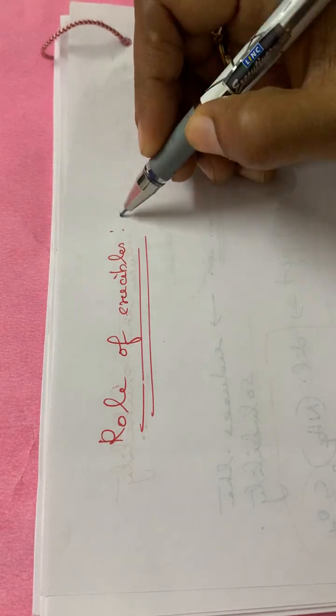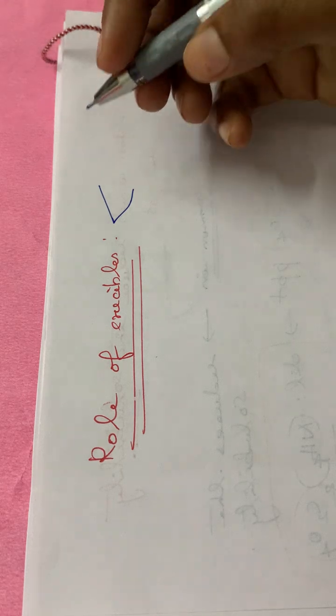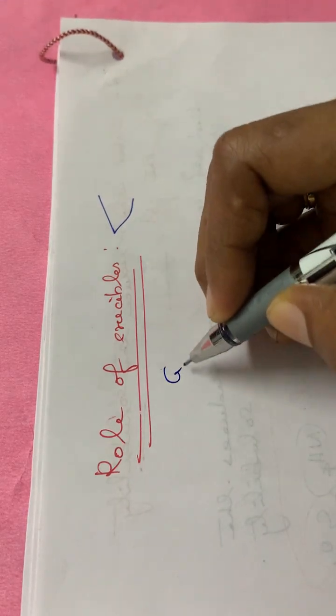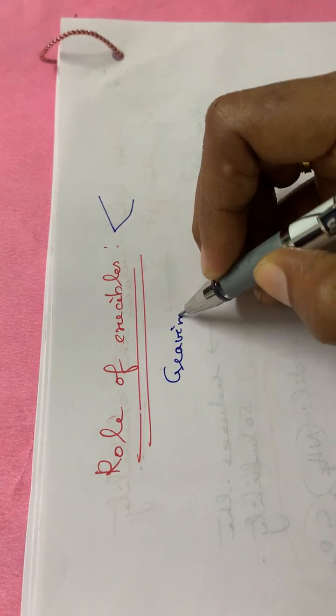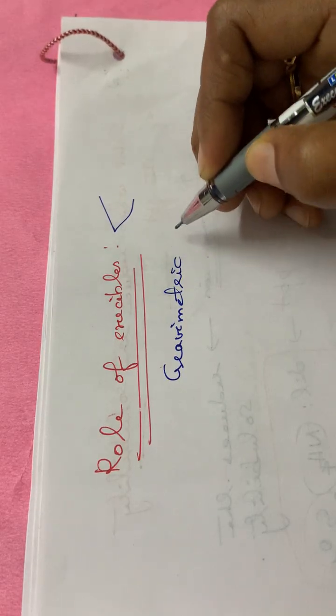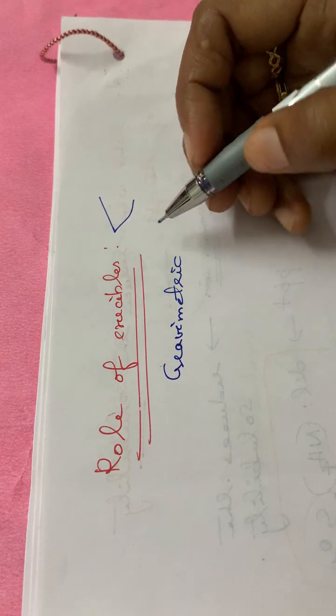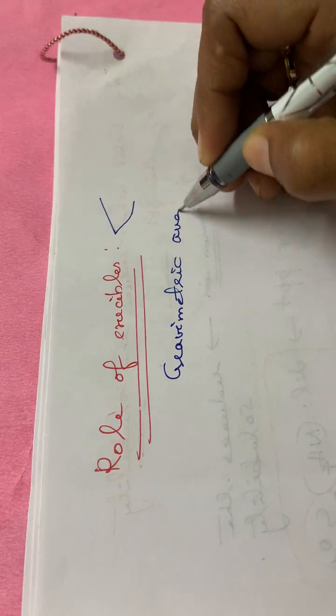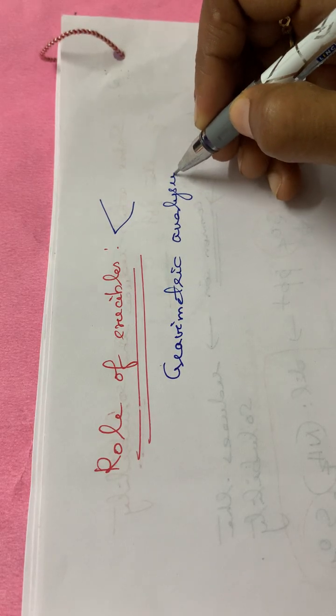Normally, two types of crucibles are used for this gravimetric analysis. This process is called gravimetric analysis. That means we are precipitating a particular ion, and after precipitation, what happens?